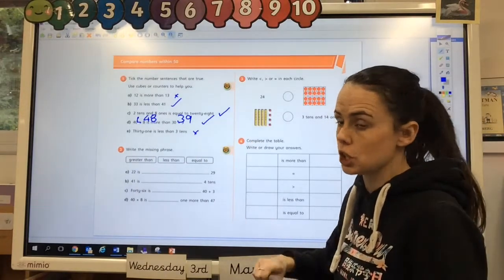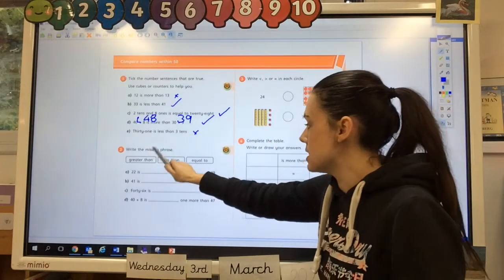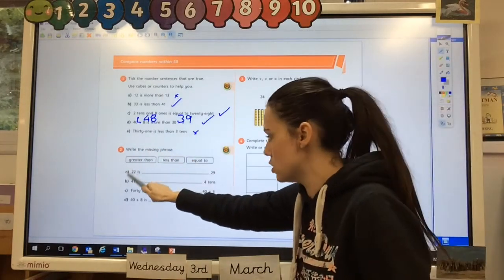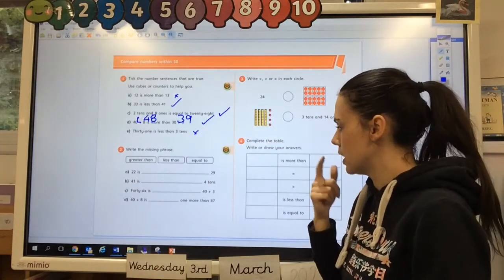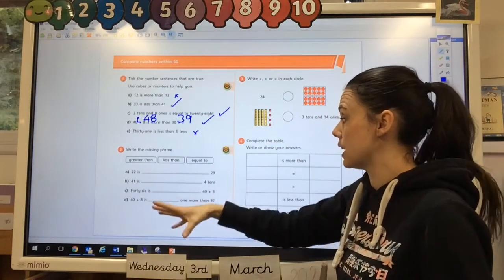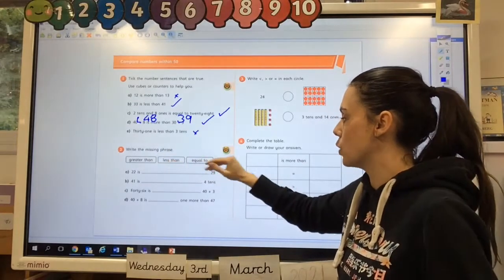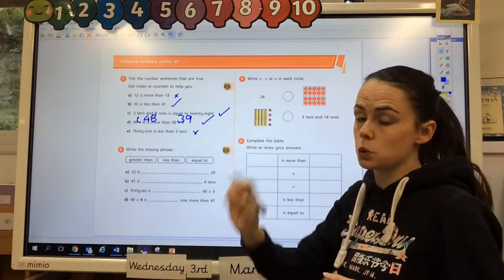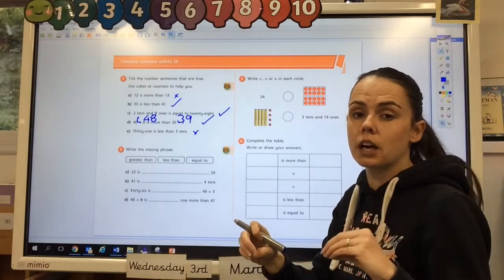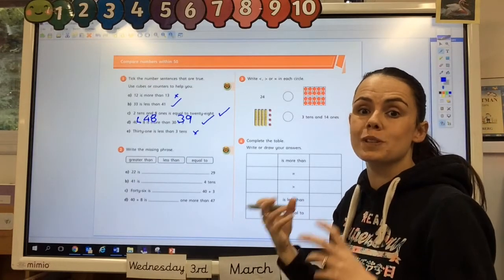Now, question 2. Write the missing phrase. 22 is something to 29. 22, is it bigger than, so greater than, less than, or equals to 29? So find 22 on your number square, find 29. 22 is less than, isn't it?